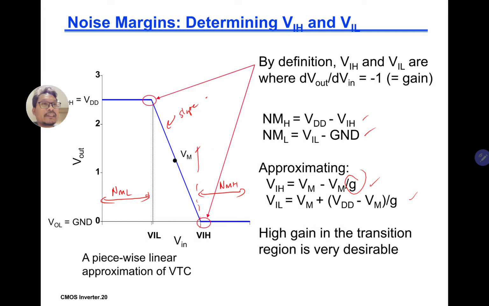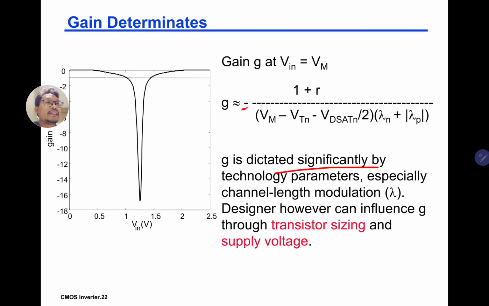So VIH is VM plus this part here, VM over G. Since G is a negative value, it's VM plus VM over minus G. G is negative and given by this equation, and remember R is KP VDSATP over KN VDSATN.